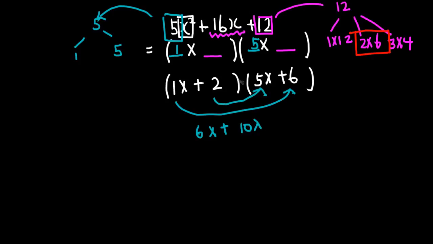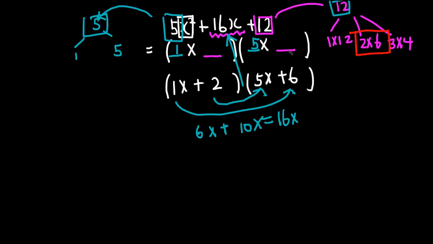What I'm doing right now is finding the factors of 5 and of 12, multiplying them together and adding, to see if we satisfy our 16x. And 6x plus 10x is equal to 16x, which satisfies the original expression.